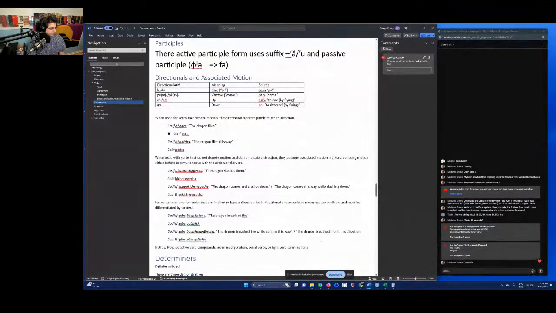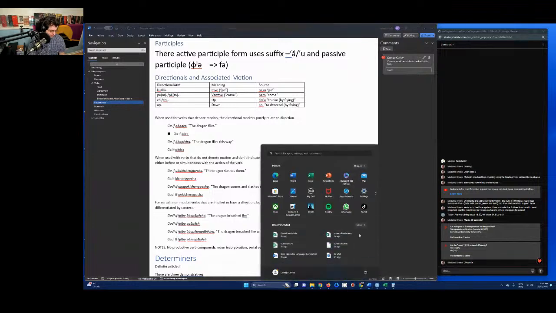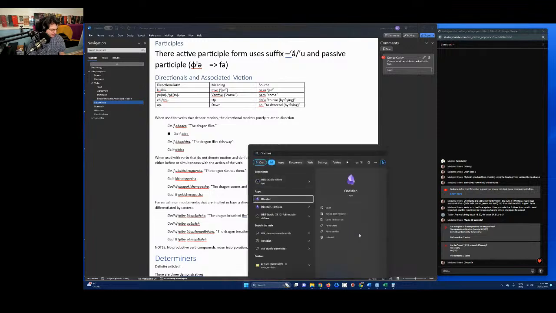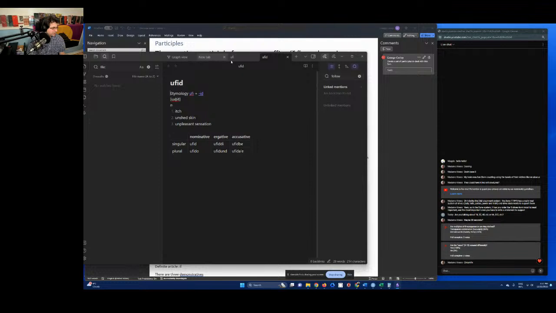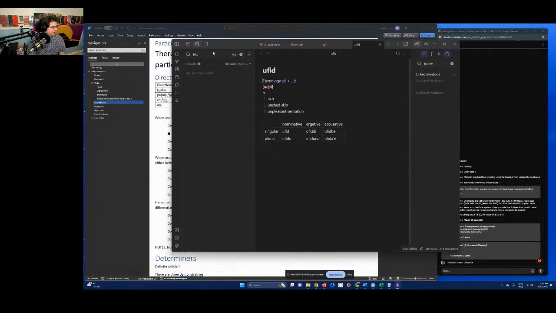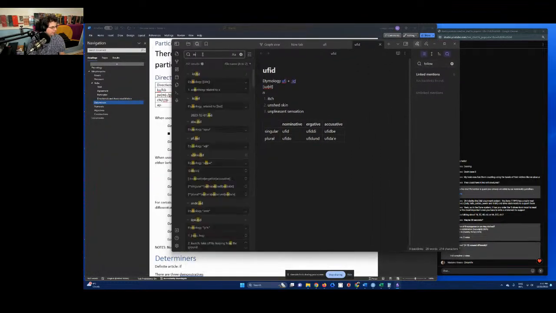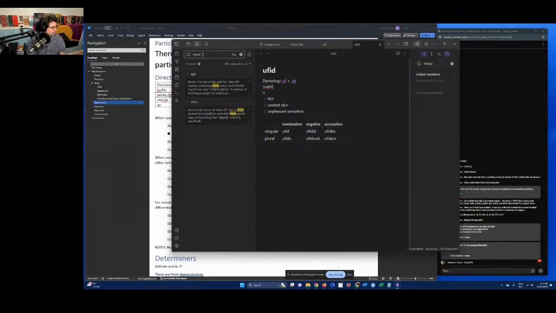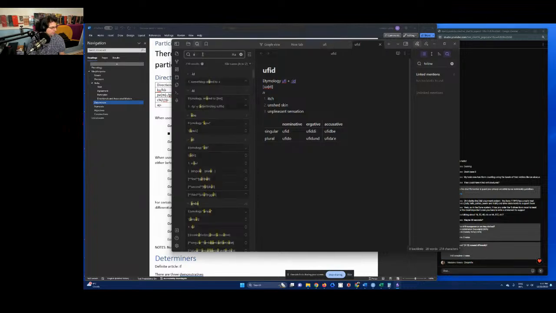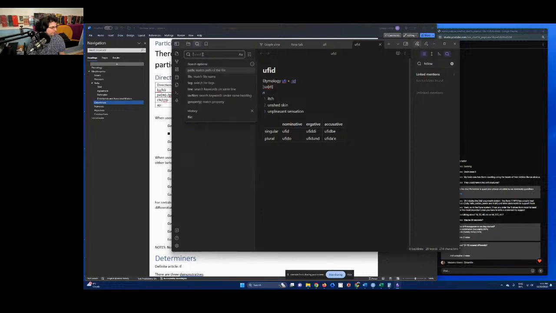We're going to have a word for more. That could be something we could have. Let's go into our Obsidian, look at our lexicon and see if we have anything like a more, above. We don't have any of that yet.